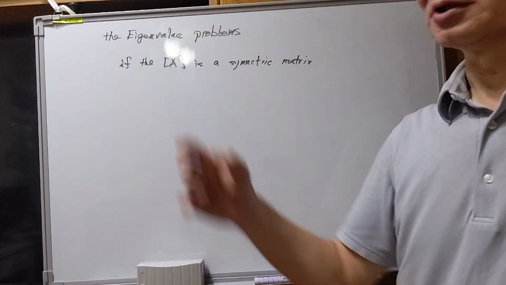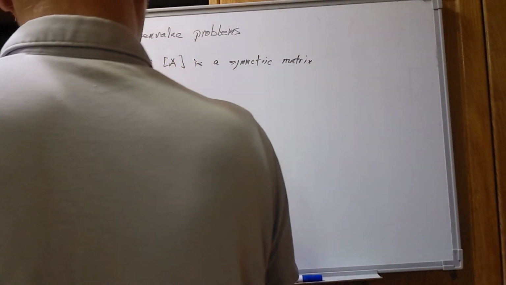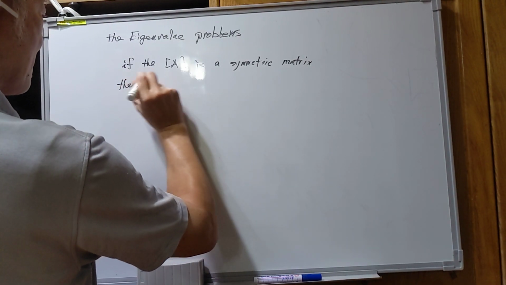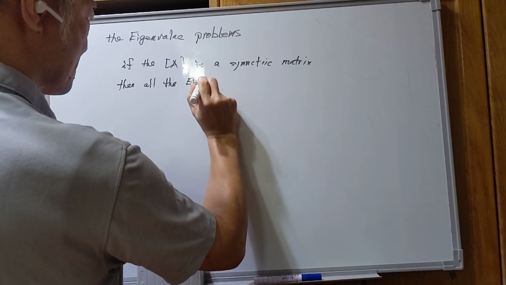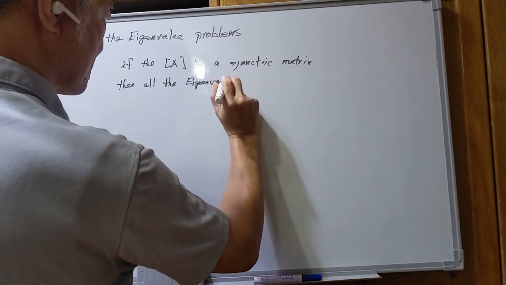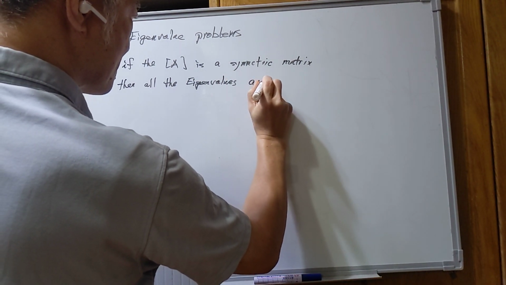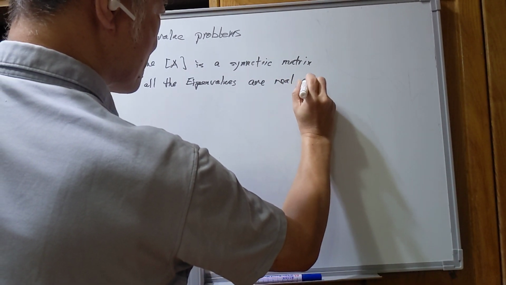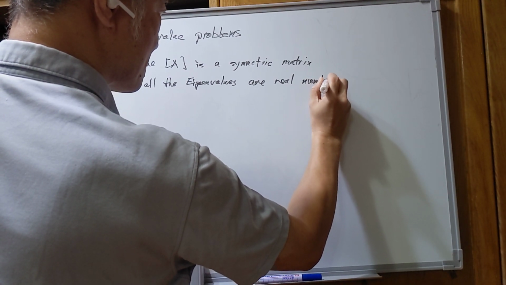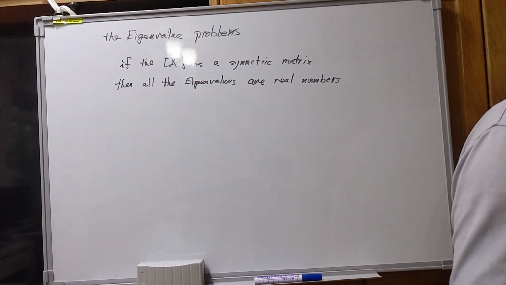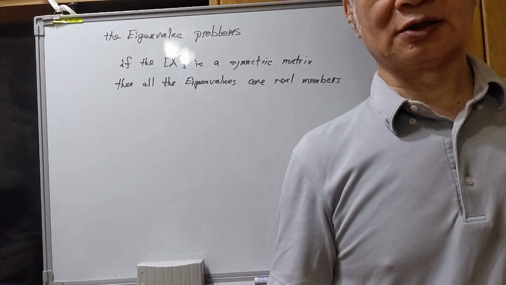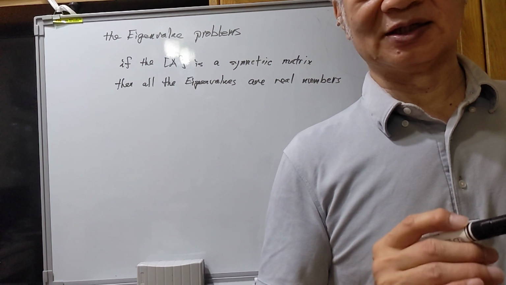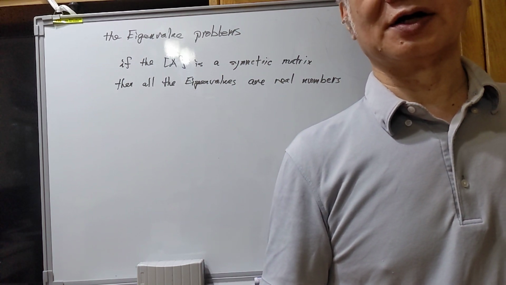If the A matrix is a symmetric matrix, then we can prove all the corresponding eigenvalues are real values.